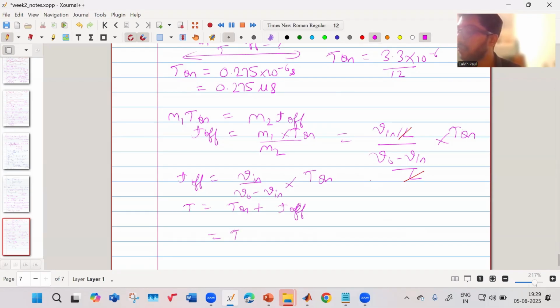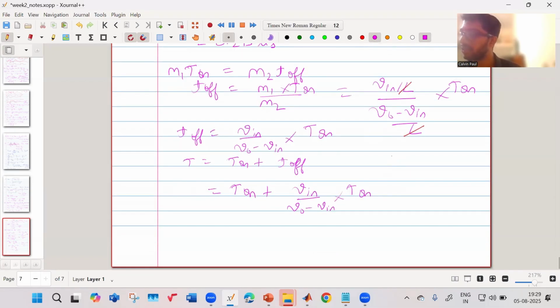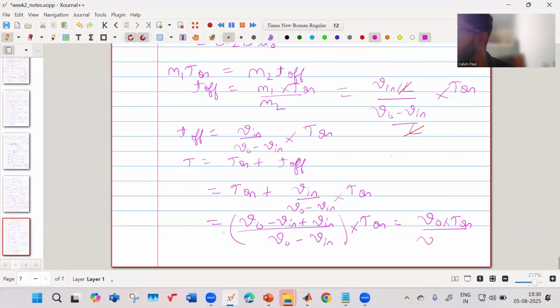This is equal to T on plus V in upon V output minus V in into T on. So this is equal to V output minus V in plus V in upon V output minus V in into T on. So that is equal to V output into T on upon V output minus V in.